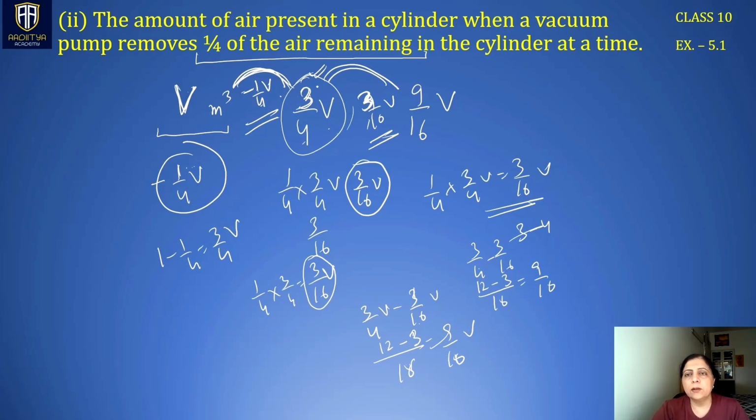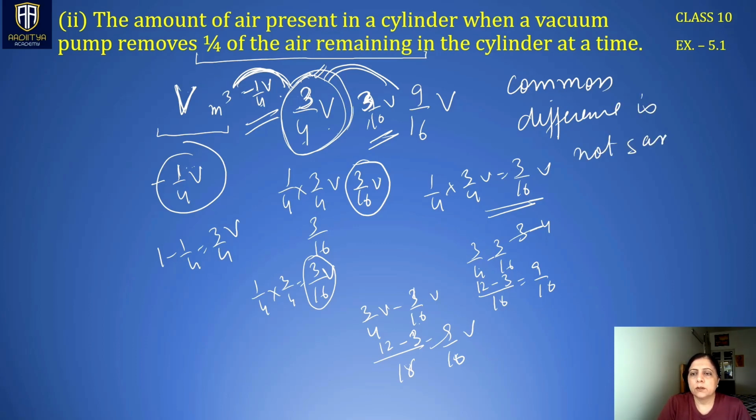It is dependent on the existing volume of the air inside the cylinder, which can never be fixed. Since the common difference is not the same, this is not an AP.